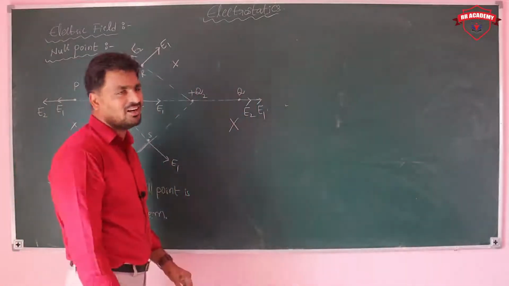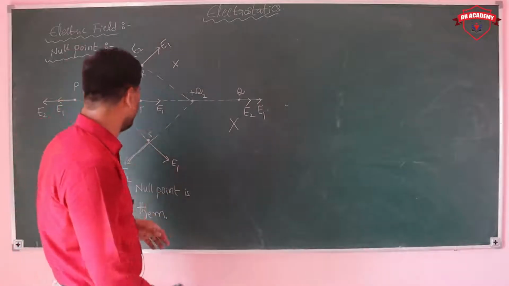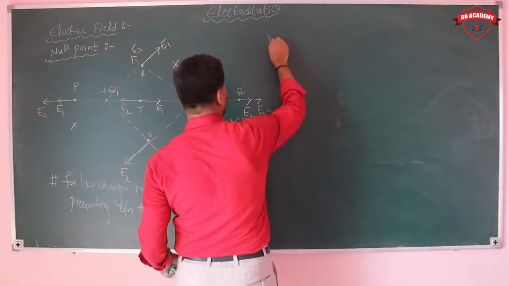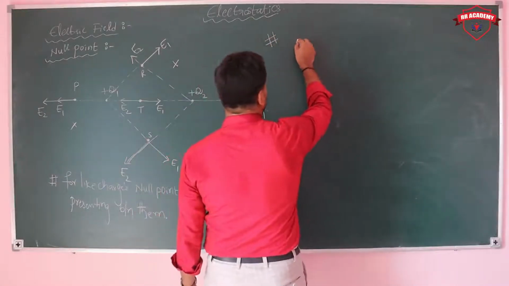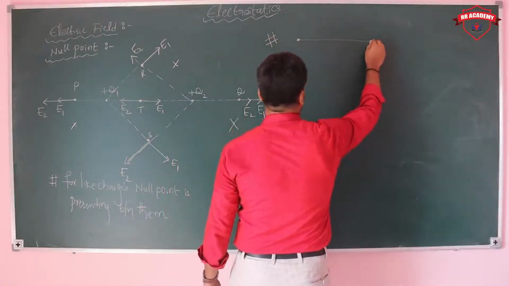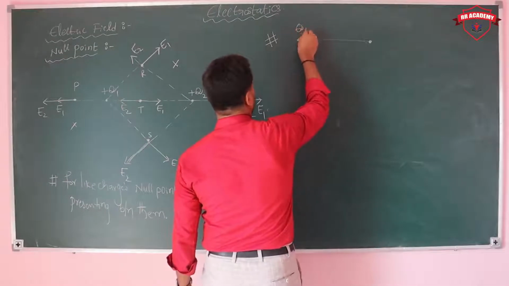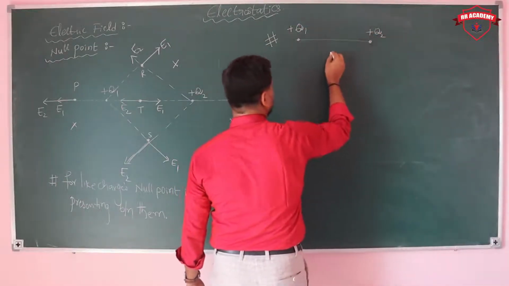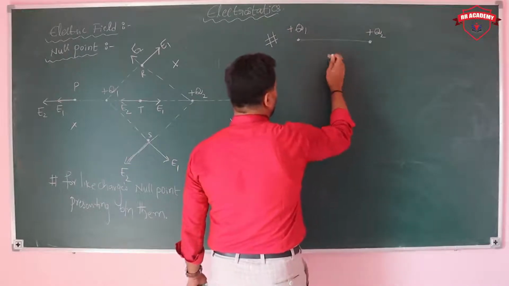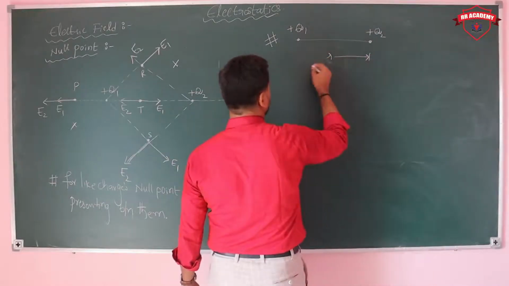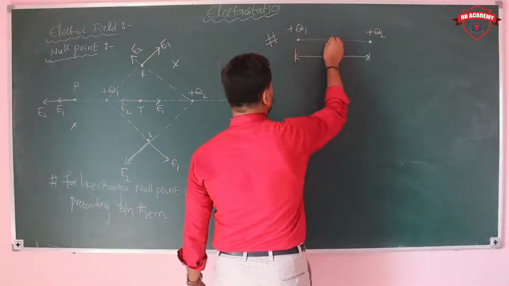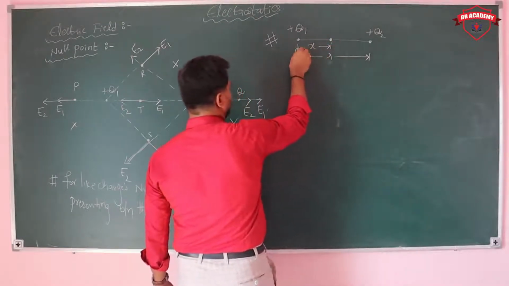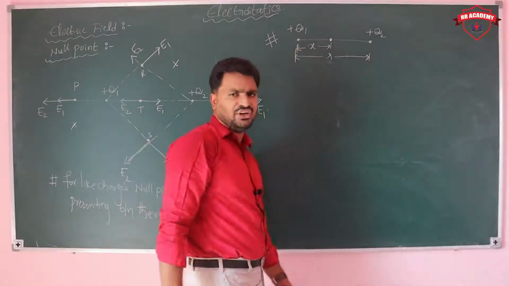So let's solve the equation of the null point. For example, I am considering the same situation, not changing it, but I am giving the distance between Q1 and Q2 as capital R, and the null point is at a distance x from Q1.